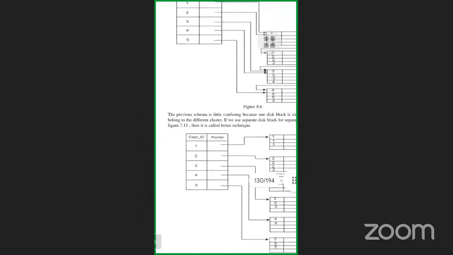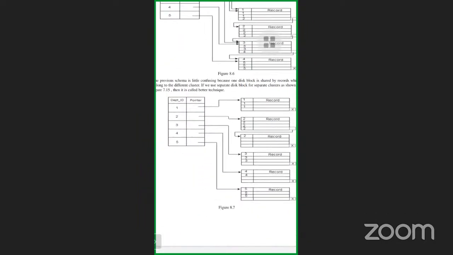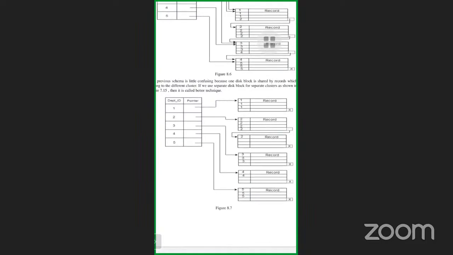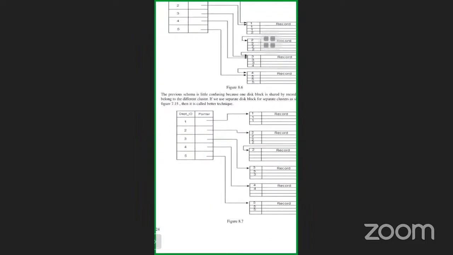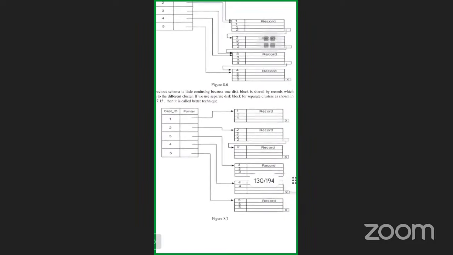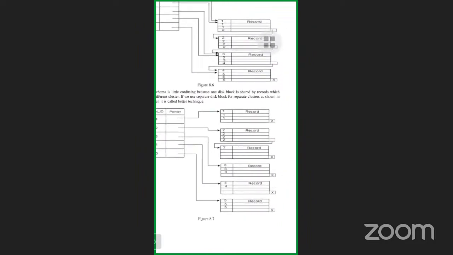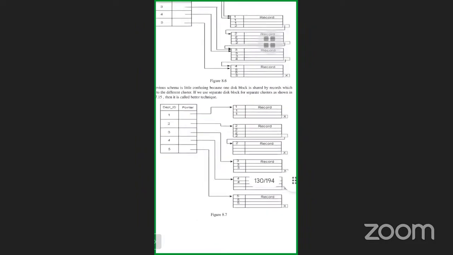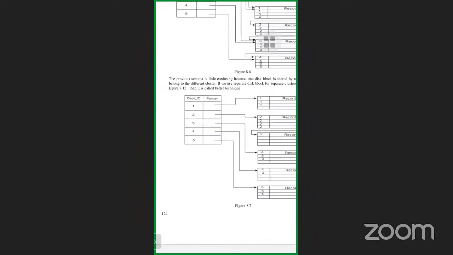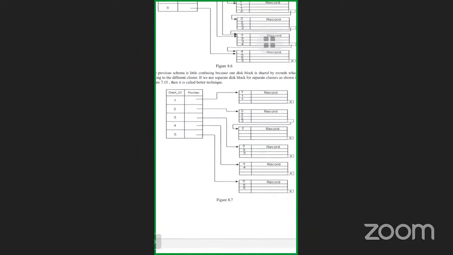And see here, the previous schema is a little confusing because one disk block is shared by records which belong to different clusters. If we use a separate disk block for separate clusters, as shown in the figure, see department ID and pointer: 1, 2, 3, 4, 5.